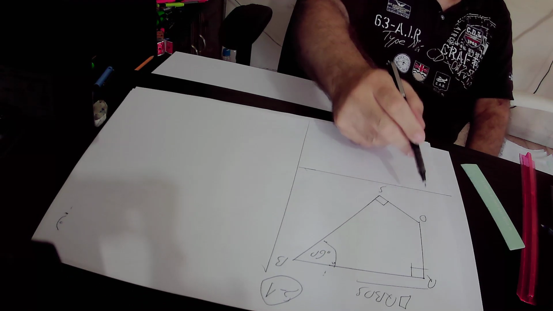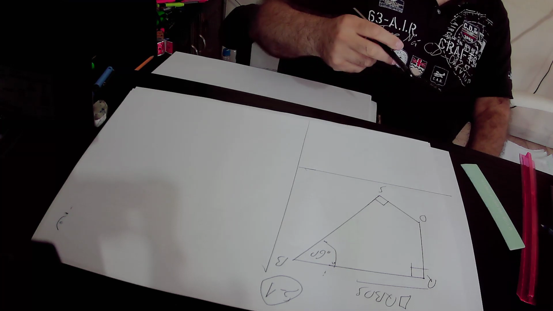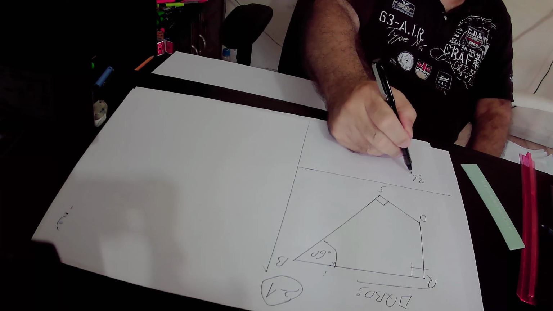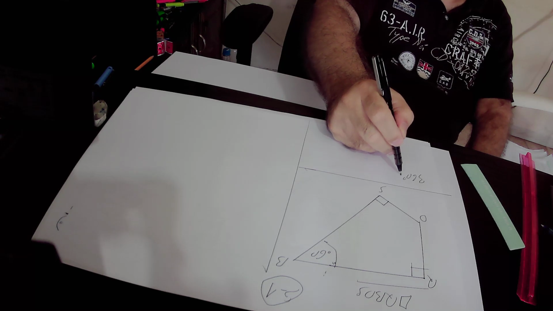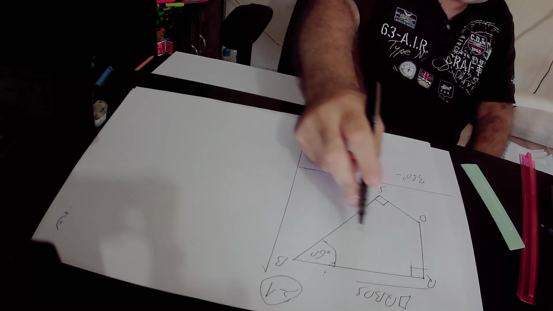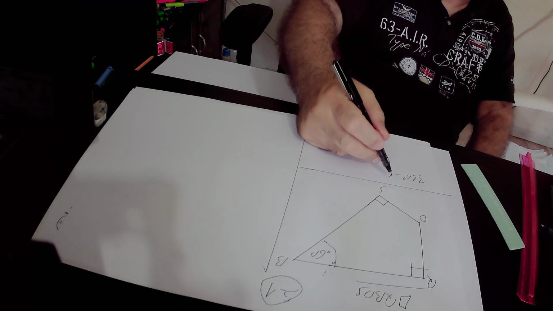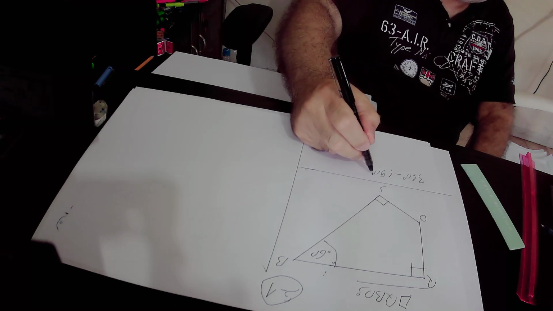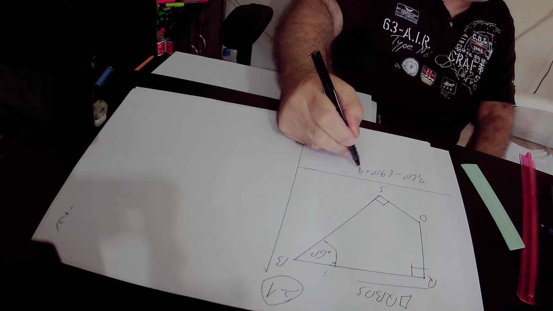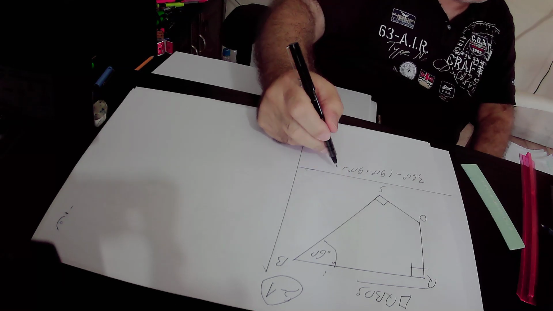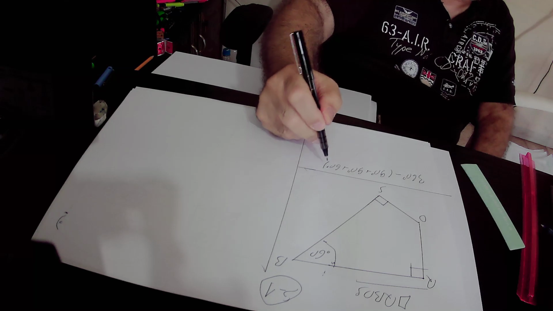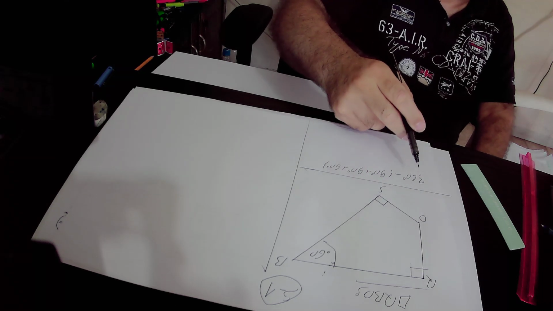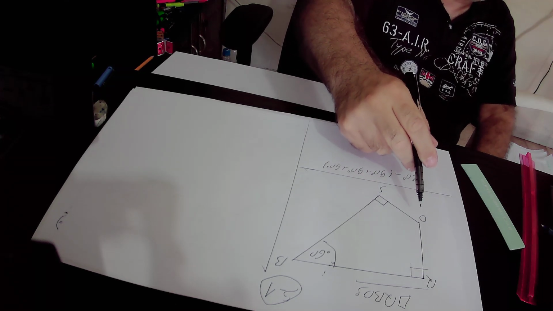The size of the missing angle will be equal to the sum of the angles in quadrangle QBOS, that is 360 degrees, minus the sum of the 3 other angles that are known: minus this angle that is 90 degrees, plus this angle that is also 90 degrees, plus this angle that is equal to 60 degrees. So 360 degrees minus the sum of the 3 other angles must be equal to the size of the missing angle, angle QOS.